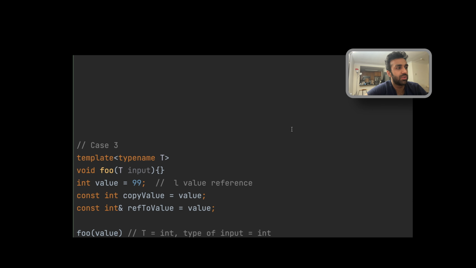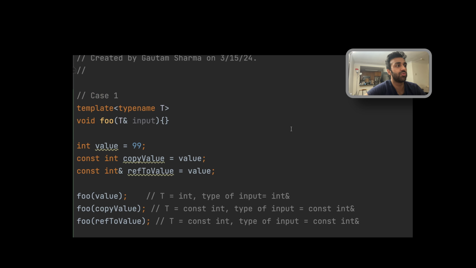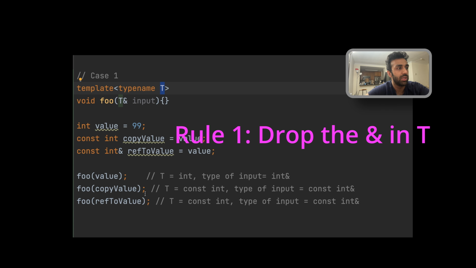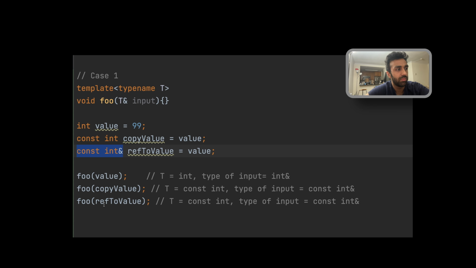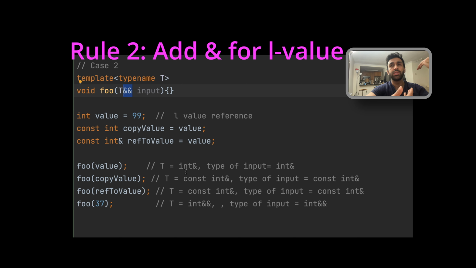So this might be a little confusing if you look at it first, but I can just repeat it once again. The first rule was that whenever you have a reference that is passed to T, we drop the reference. So here you can see we passed a constant reference here, and we drop the reference. We have constant. Okay. The second rule was that whenever we have a universal reference, we either add a reference if it's an L value reference.